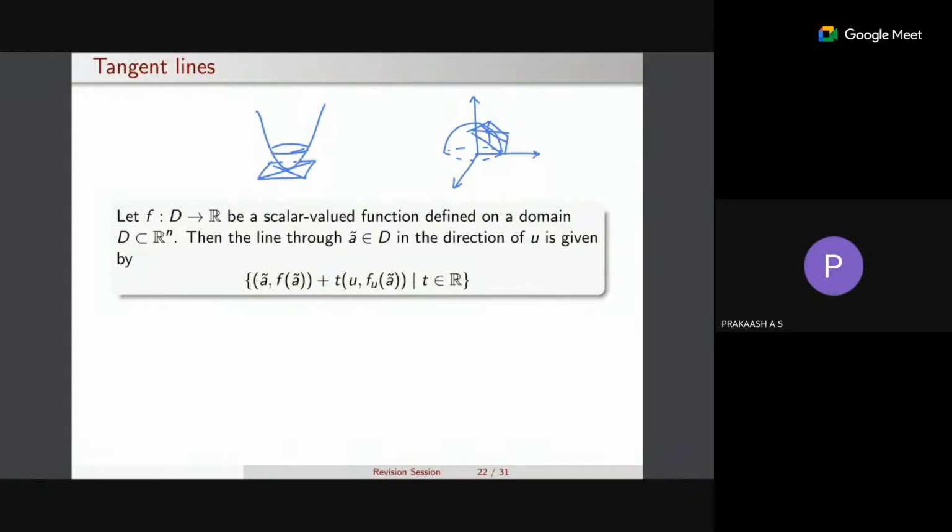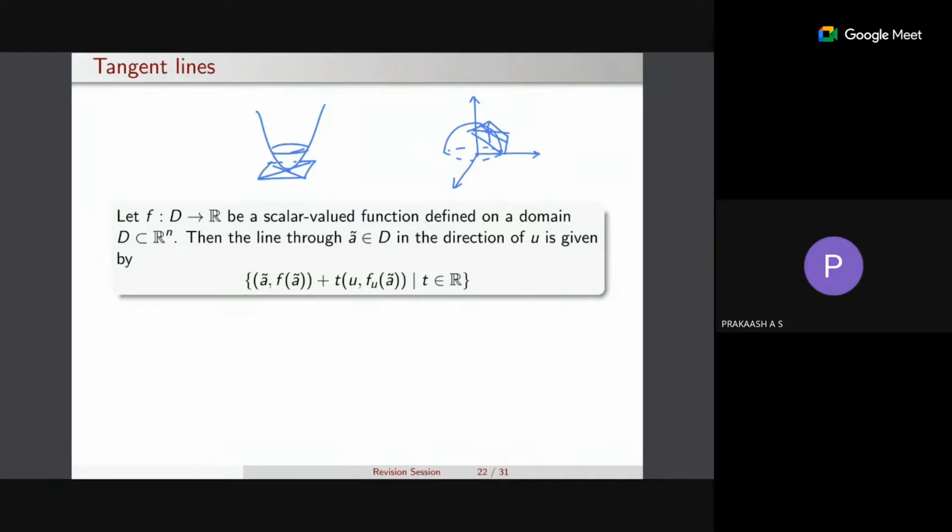Given a point, I have many tangent lines. So you have to tell me what is the point and what is the direction. If you have a point and a direction, then you can determine the tangent line at that point on the graph in that direction.